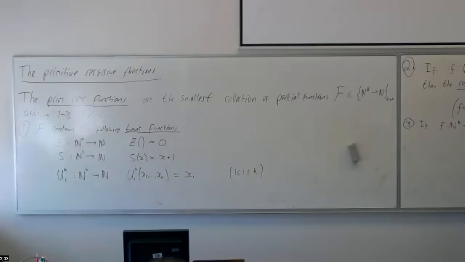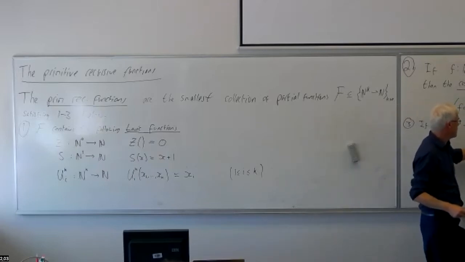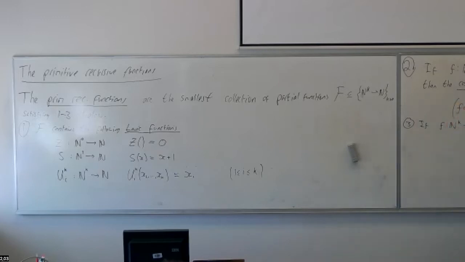And in the case that we apply this function R f g that we're defining to a number that's not 0, any such number can be written as x plus 1, for this smaller number x. In this case, what we do is we apply g. f is our function that we use to define the base case. g is going to be our function that we use to manipulate the step case in our recursive definition.